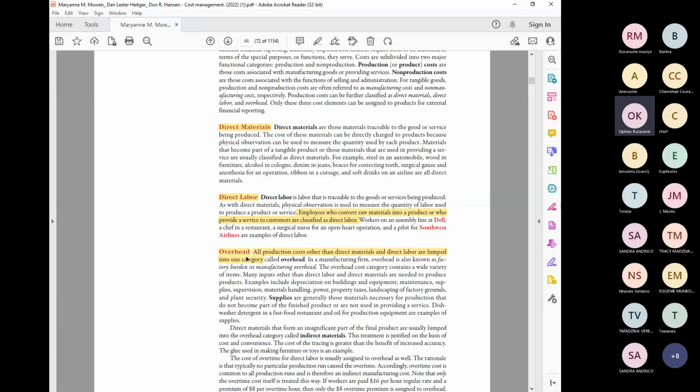That is what we call overhead. Sometimes we have variable overhead and fixed overhead. Variable overhead, because for you to travel more kilometers, you need more fuel, so it becomes a variable overhead. But there are some fixed overheads.